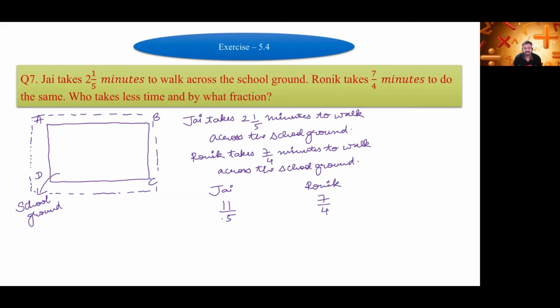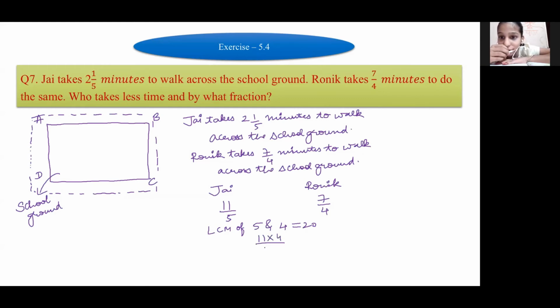So we have to take the LCM of the denominators because these are unlike fractions. LCM of 5 and 4 is what? 20. Next, 5, 11 fours are 44 upon 20, and 7 fives are 35 upon 20.